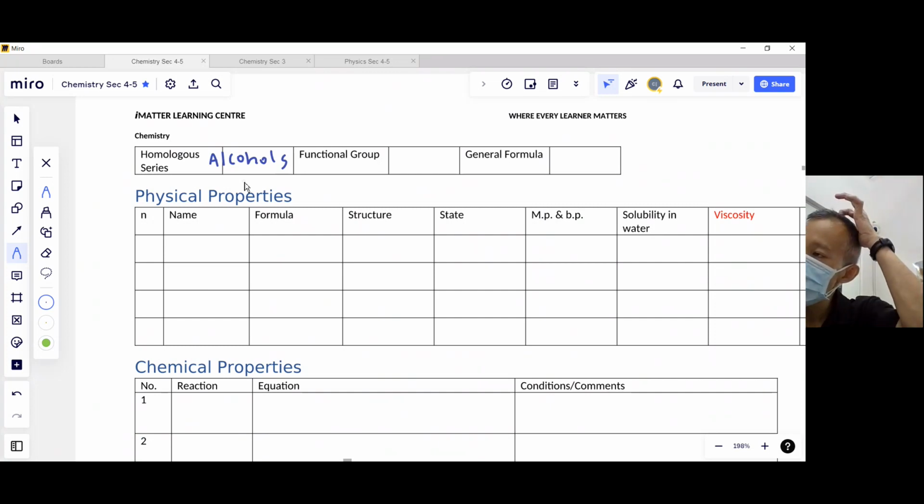To clear up a misunderstanding, the alcohol that you drink, there's only one, and that one is called ethanol. You have thousands of others that you cannot drink. So be very clear about that.